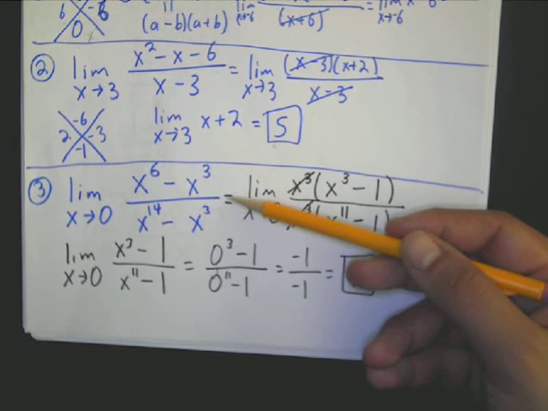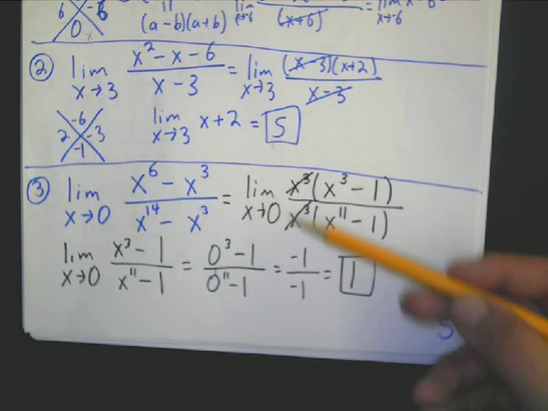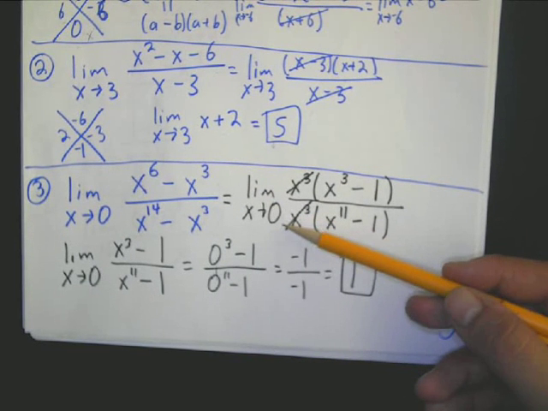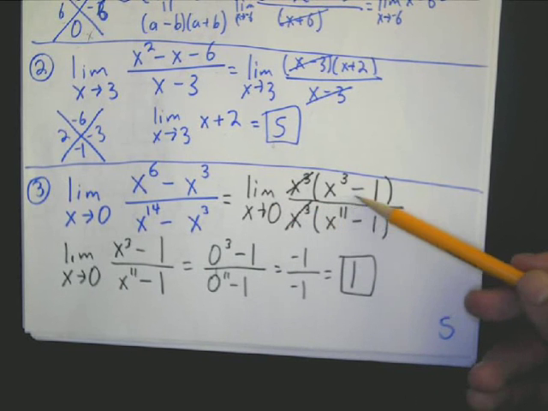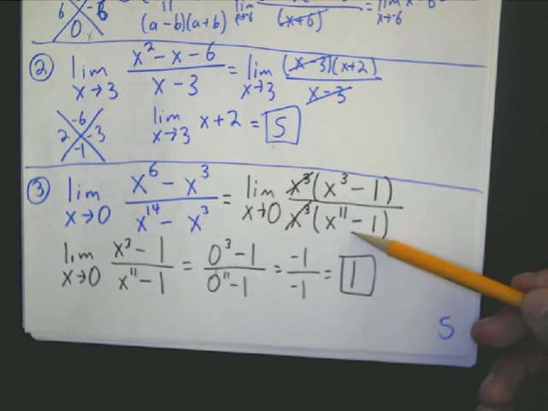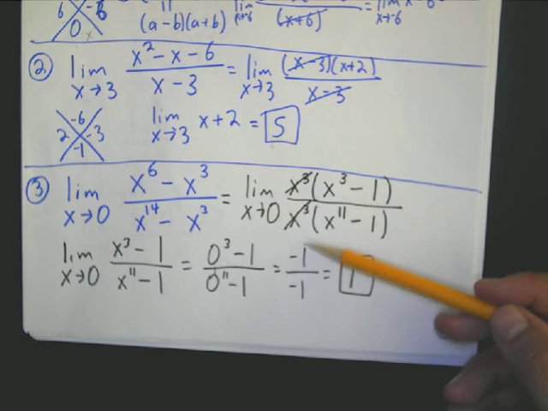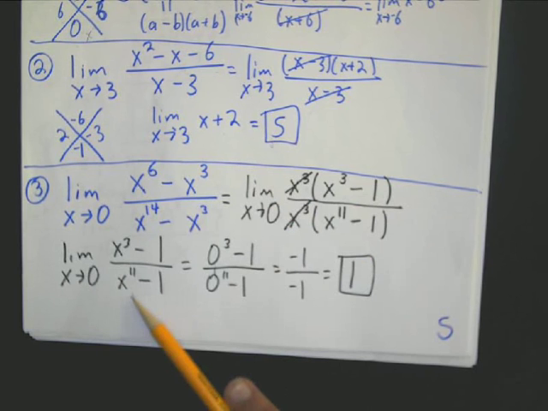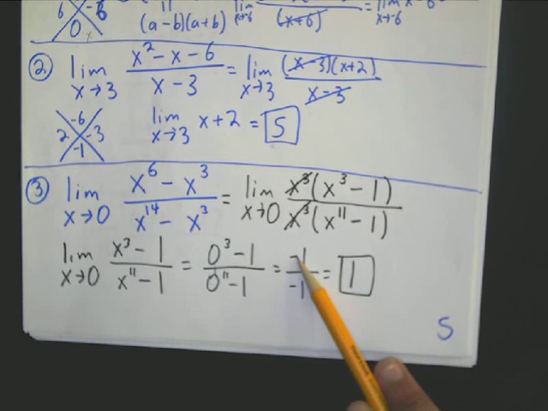So you take the limit as x goes to 0, pull out the x cubed on both. That leaves you with x cubed minus 1 and x to the 11th power minus 1. The x cubed cancels. Plug in the zeros for the limit, and you get negative 1 over negative 1, which gives you 1.